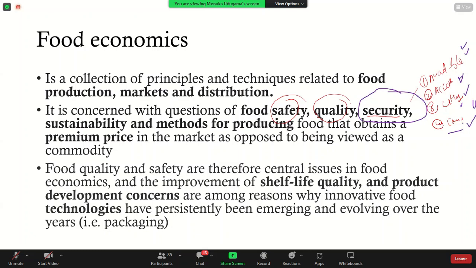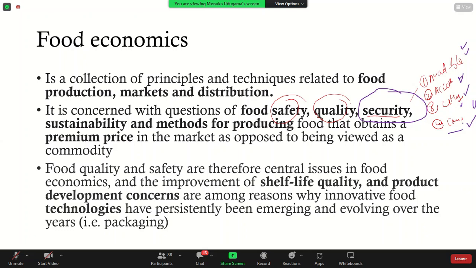So global organizations such as the United Nations, Food and Agriculture Organization, they are continuously monitoring what happens to certain regions, to certain countries in terms of food security, because it's a basic human right. And there will be aid or support given by looking at how we are progressing in terms of food security. So that is food security.